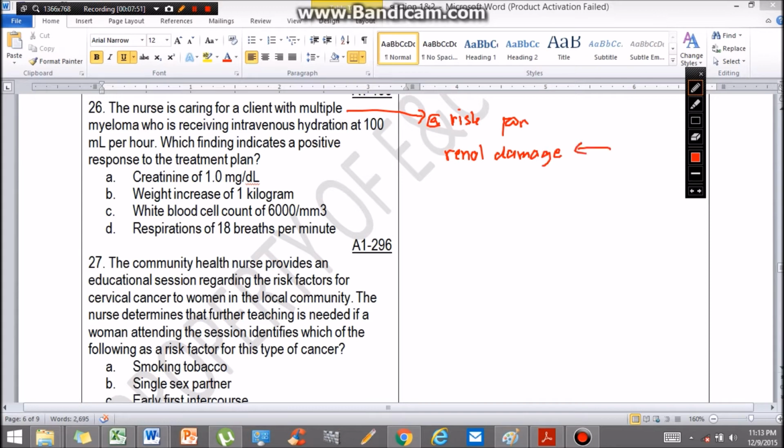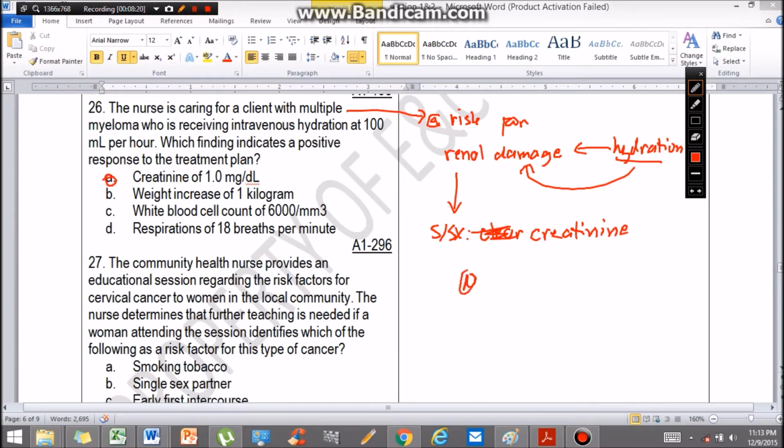This is the reason why hydration is being implemented, to prevent renal damage. And the best way to assess renal damage is the amount of creatinine. Therefore, the best answer here is letter A.